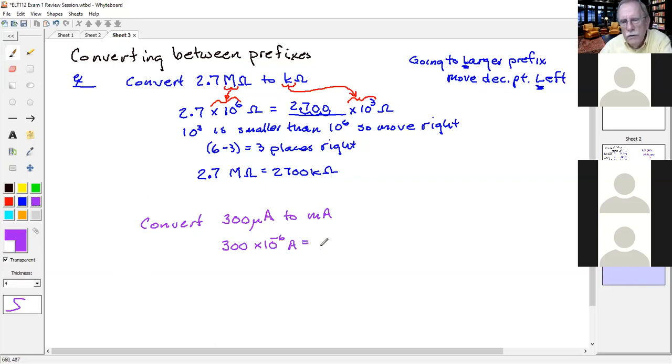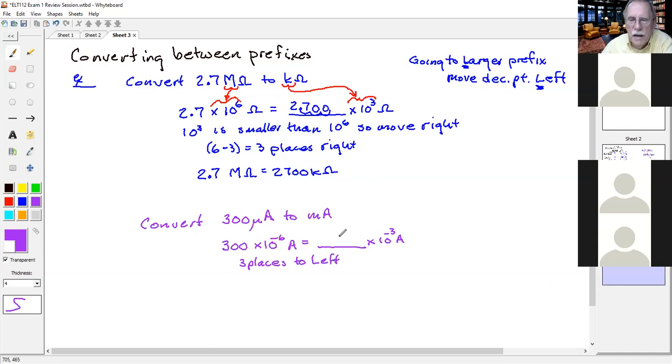And we want to convert that to milli, which is times 10 to the minus 3. All right. We're going to 10 to the negative third, which is greater than 10 to the negative 6. So we're going to a larger power of 10, so we're going to move left. And the difference from negative 6 to negative 3 is 3 places. So we're going to move 3 places to the left.